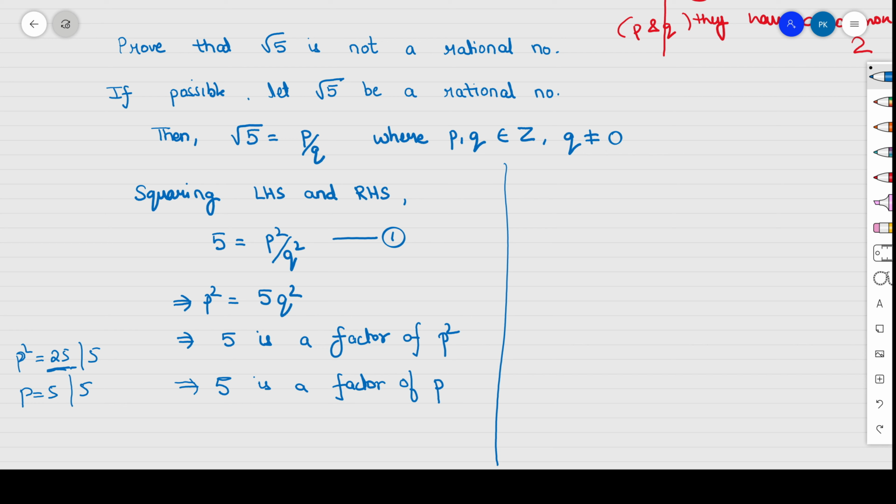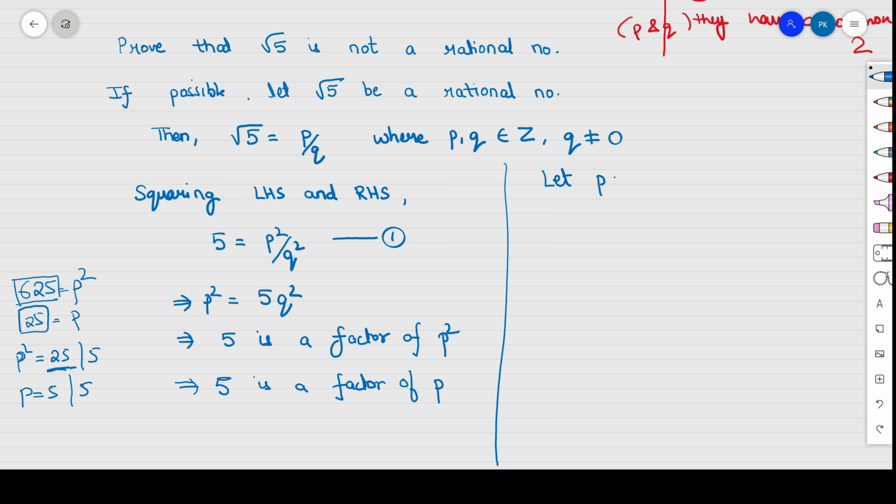Similarly, you can take p square as any other number which has a factor 5. Let's take 625. 625 is equal to p square. 625 has factor 5, and p is equal to 25. P also has a factor 5. So we can say that when a number is a factor of p square, then that particular number is also a factor of p.